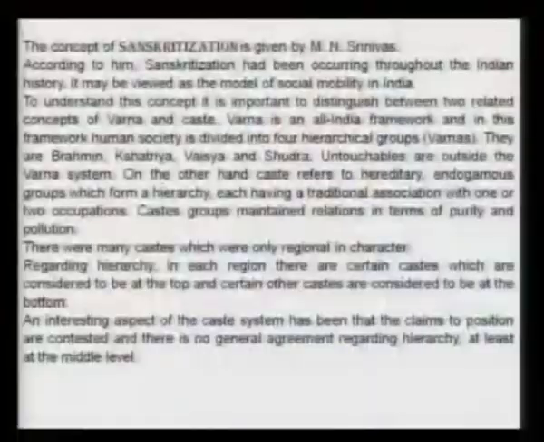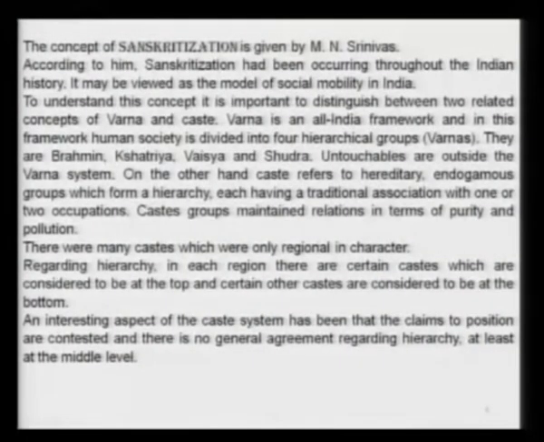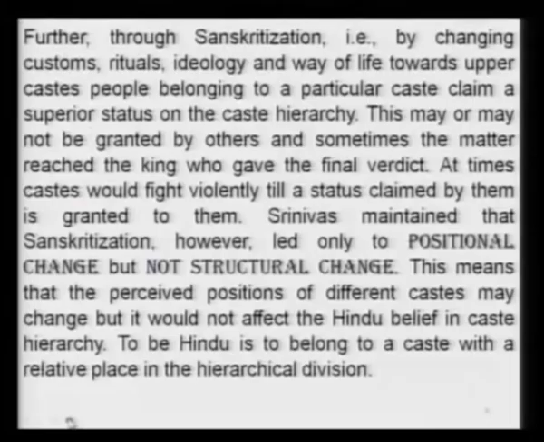Varna is, as I said, an all India framework, and in this framework human society is divided into 4 hierarchical groups: Brahmin, Kshatriya, Vaishya and Shudra. Untouchables are outside the Varna system. On the other hand, caste refers to hereditary endogamous groups which form a hierarchy, each having a traditional association with one or two occupations, and caste groups maintain relations in terms of purity and pollution.